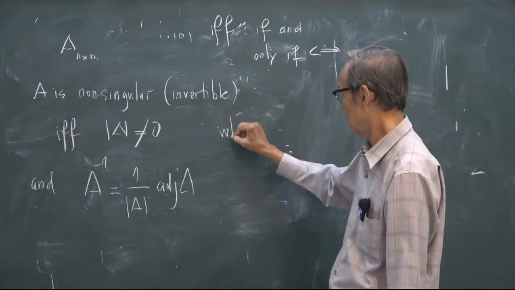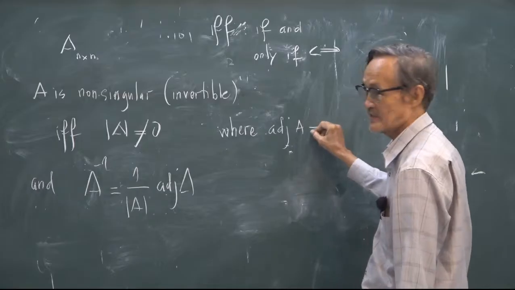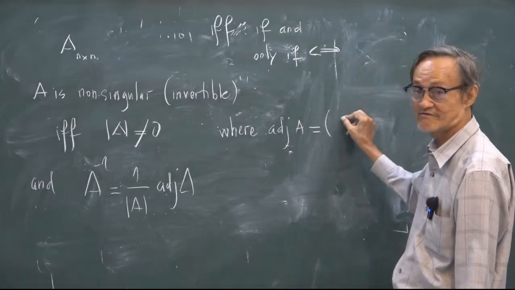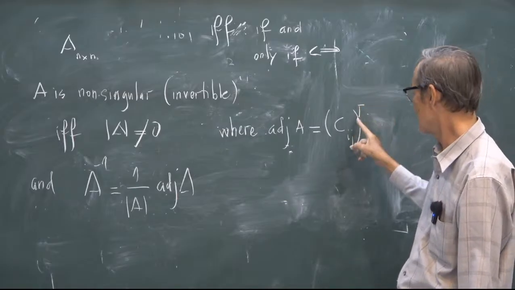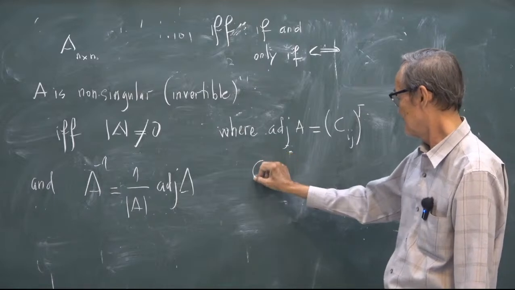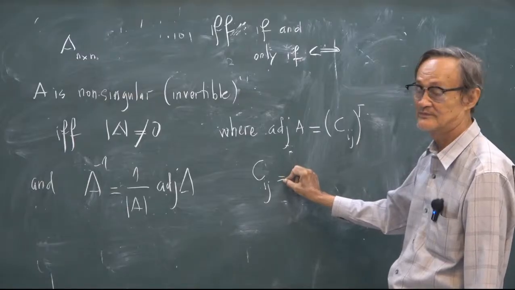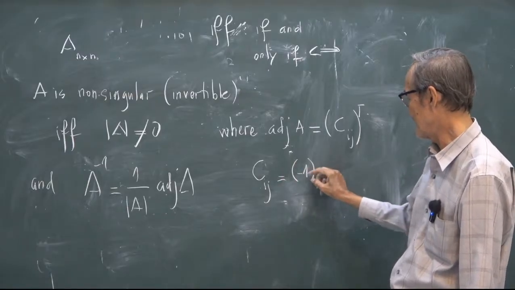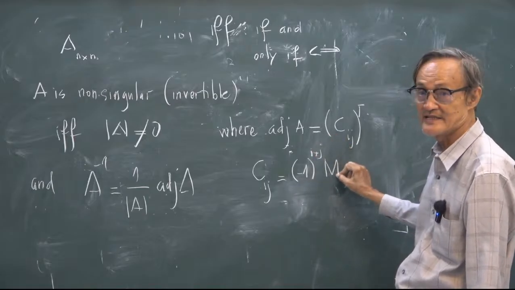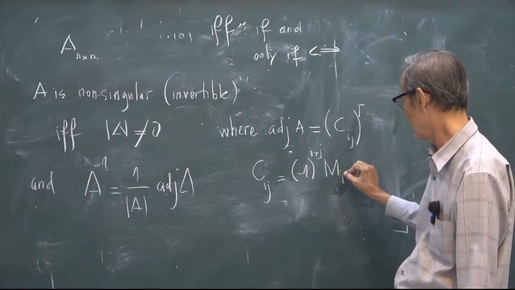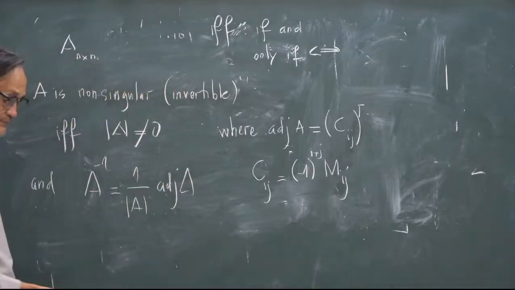Where the adjoint of A equals the cofactor matrix C_ij transpose. Review: C_ij is the number minus sign times the minor deleting row i, column j.